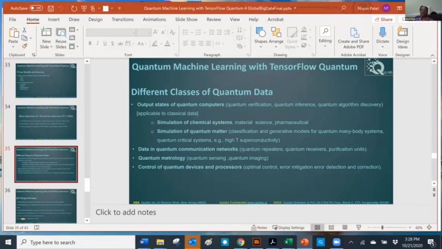There are different types of quantum data that we can work with, and the possible sources are many. Quantum machine learning has a different way of doing inference, as we said, entanglement, and discovering new algorithms, particularly in the simulation of chemical systems or quantum many body systems.